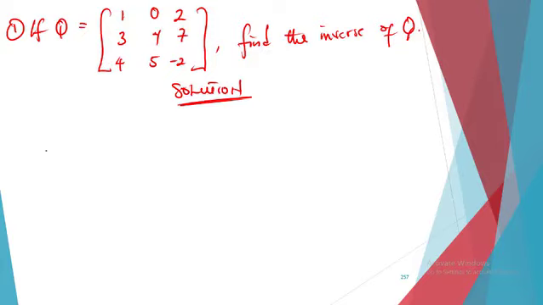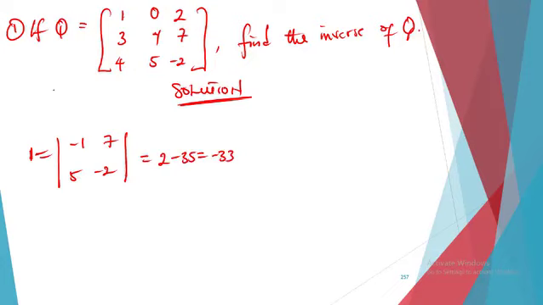So let us start. We have the minor of 1 to be equal to, cancel this, we have minus 1, 7, we have 5 minus 2, and that will give us minus 1 times minus 2 is 2, 7 times 5 is 35, 2 minus 35, and that will give us what? Minus 33.